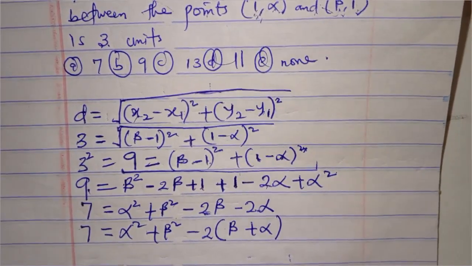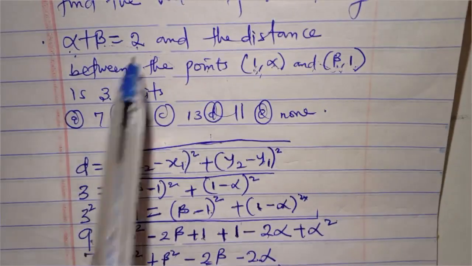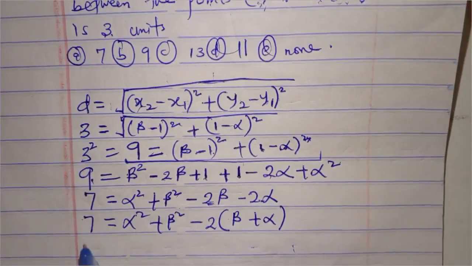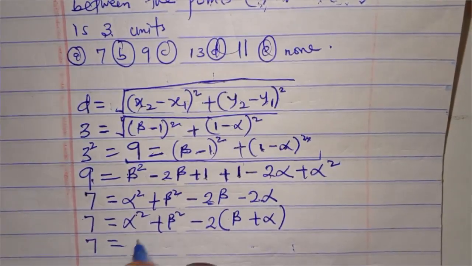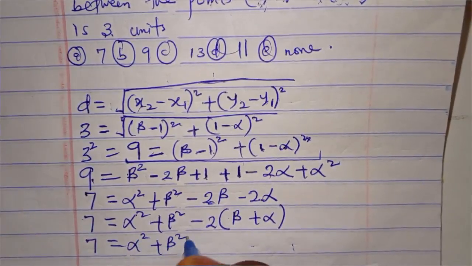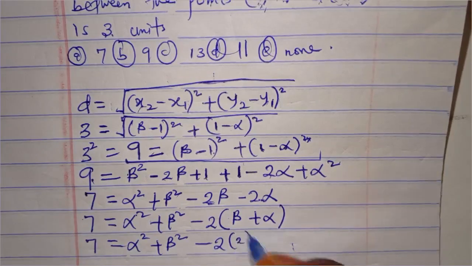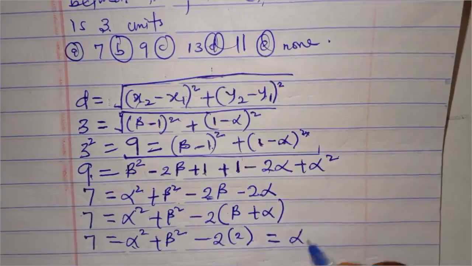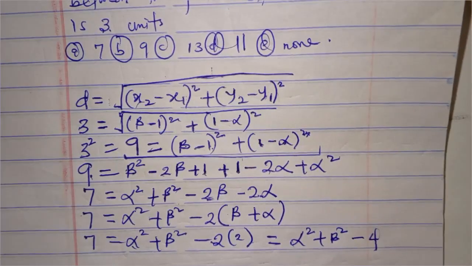And alpha plus beta by the question is 2. Therefore, this equation is now 7 equal to alpha squared plus beta squared minus 2 times 2. Alright, so we have alpha squared plus beta squared minus 4.